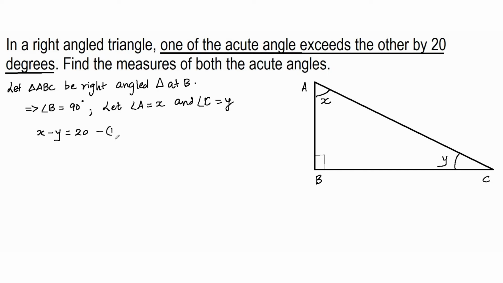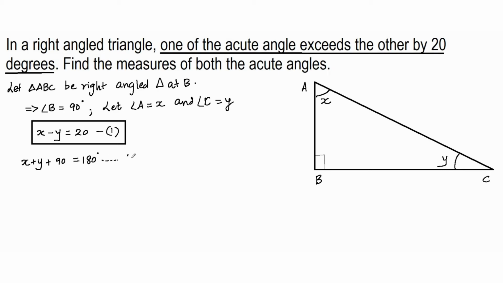This is my first equation. The acute angle X is greater than the acute angle Y by 20 degrees. So this is the first equation that I've got. Now I need to find the second equation. I know that these are all angles of a triangle. So I can say X plus Y plus 90 degree is equal to 180 degree.